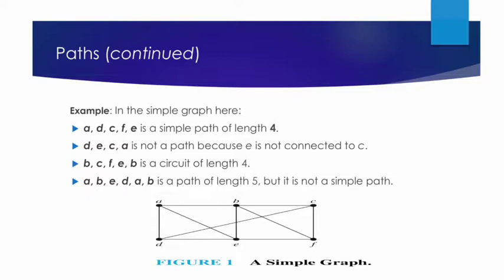Note that B, C, F, E, B is a circuit of length 4 because the edges {B,C}, {C,F}, {F,E} and {E,B} are edges, and this path begins and ends at B. The path A, B, E, D, A, B, which is of length 5, is not simple because it contains the edge {A,B} twice.